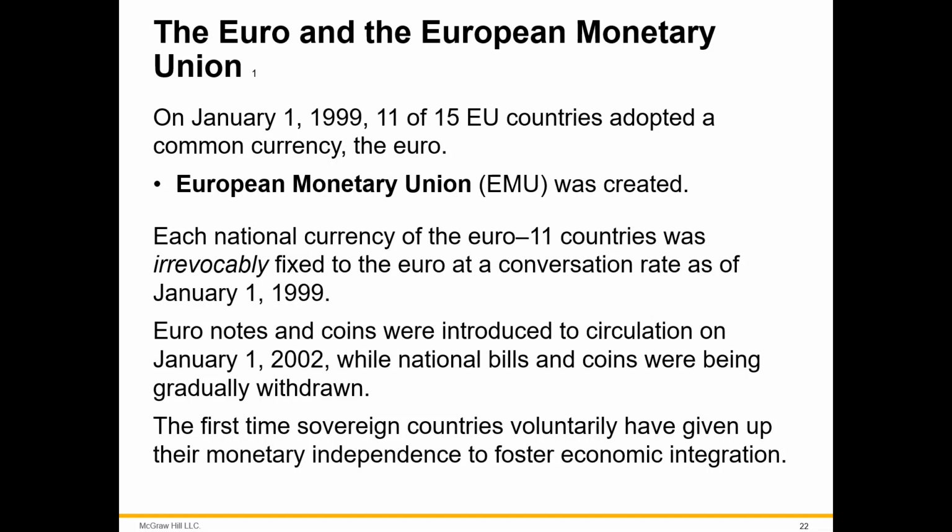That's an example. But Norway has its own currency, and I think that has a lot to do with their oil reserves and a very small population.